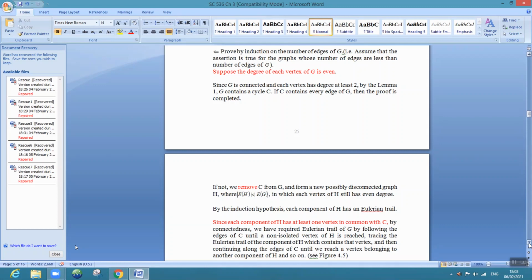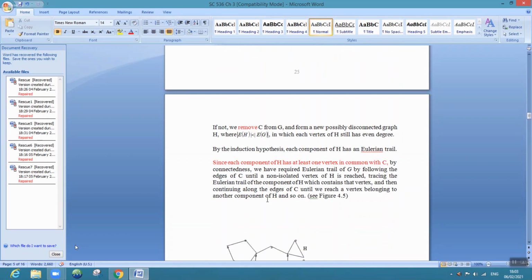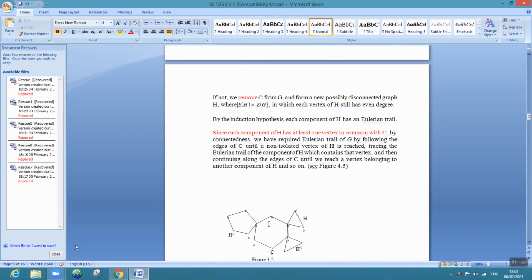Now you start from one component and keep on connecting all the edges. By the induction hypothesis, each component is Eulerian, since these are smaller. Since each component has at least one vertex in common with the cycle, by connectedness we have what is required.